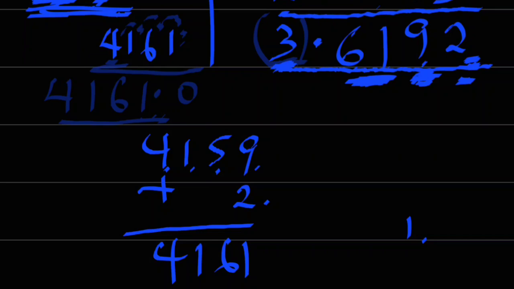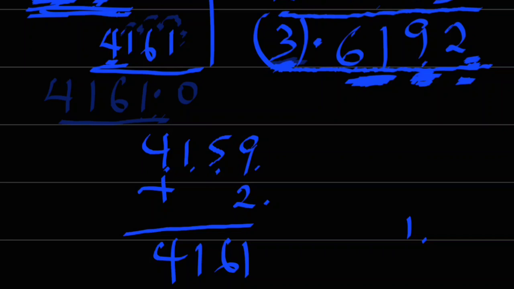Then lastly, we are going to make use of this 3. The 3 is telling us the number of times we are going to move our decimal. The assumption is that our decimal is after the first significant figure. This is the first significant figure, this 4. We assume that the decimal is after it, that is, the decimal is here.